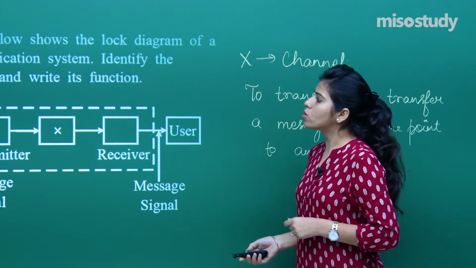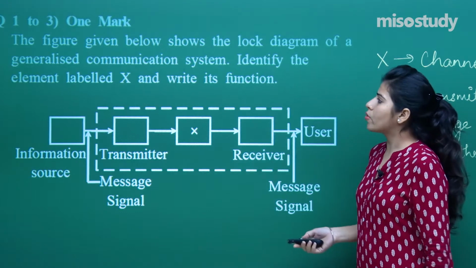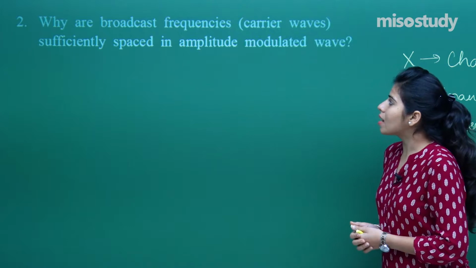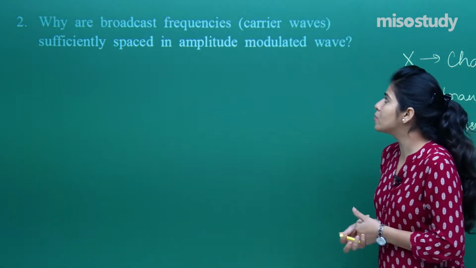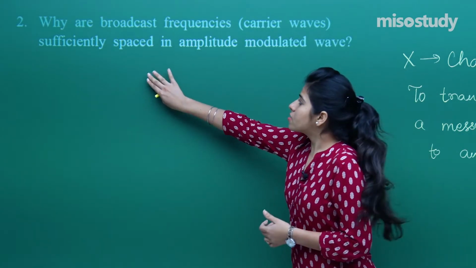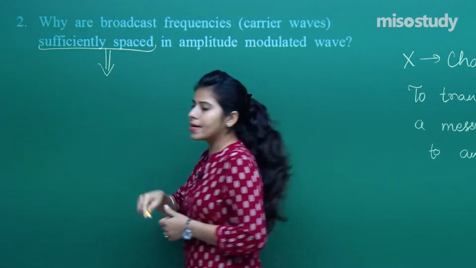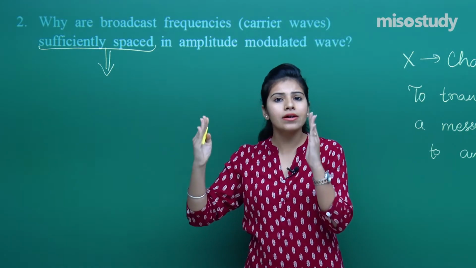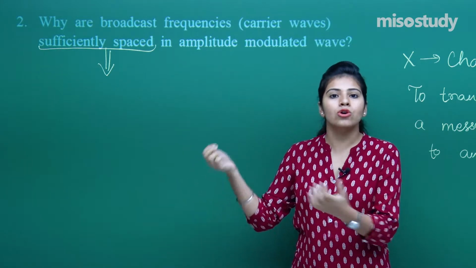So quickly go to question number 2, because this is a 1 mark question, we just have to give a to the point answer. Question number 2 says, why are the broadcast frequencies or the carrier waves sufficiently spaced in an amplitude modulated wave? When we are speaking about sufficiently spaced, this directly means that we are making a broader categorization of the waves.